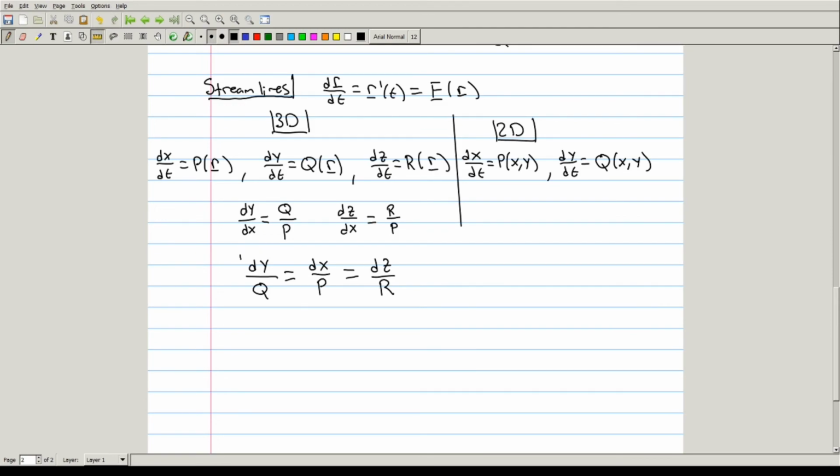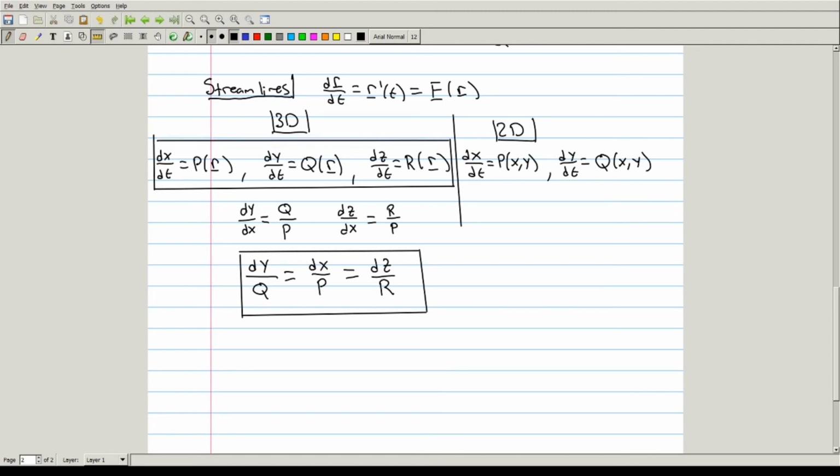So solving this system of differential equations is the same thing as solving this system of differential equations right here in 3D. And in 2D, we have the exact same process that we can go through here to get that dx over p will always be the same thing as dy over q.